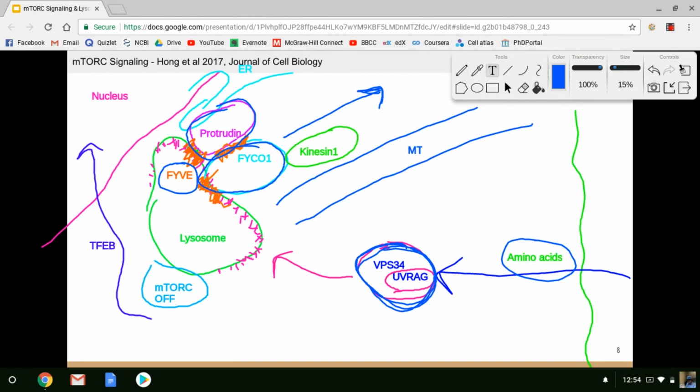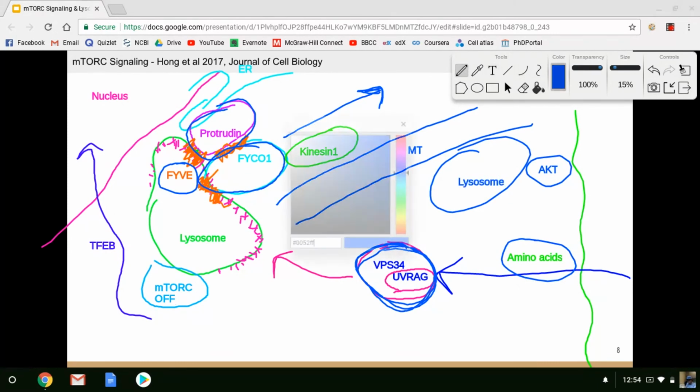Remember, the cell periphery is where AKT signaling is. So when the lysosomes get out here, so this is a lysosome, it's going to be pulling our mTORC right next to this AKT signaling, and our mTORC is going to be on. And this is how mTORC gets turned on. This is the general pathway that's being put forth by the current study.